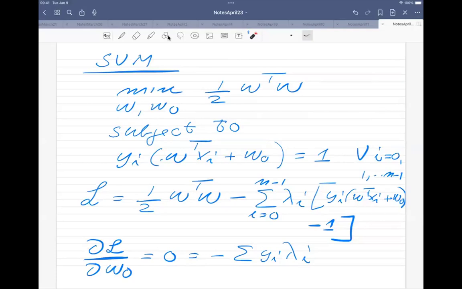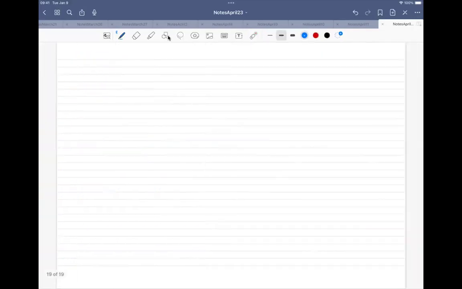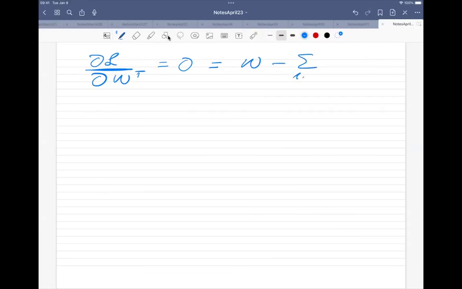So the next derivative which we need to look at is now my dL/dw. And I'm going to calculate the derivative with respect to the transpose here. And that is going to give me w minus a sum over i, 0 up to n minus 1, of lambda of i, y of i, multiplied with x of i.